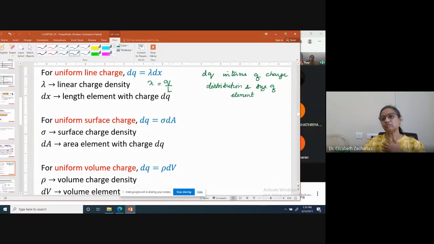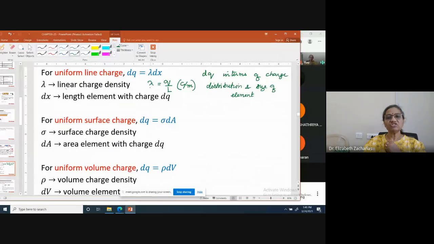If it is a uniform charge distribution, the linear charge density is the total charge divided by the length. And what will be the unit, anyone? Q will be Coulomb and length will be meter. Therefore, it will be Coulomb per meter.